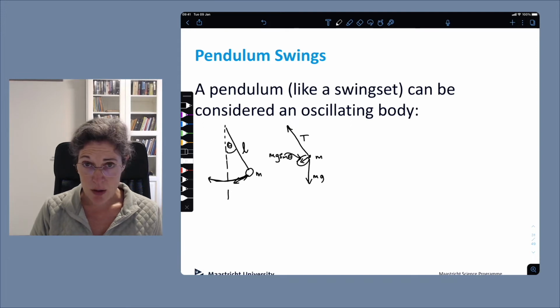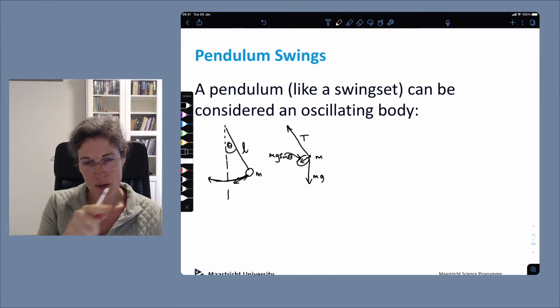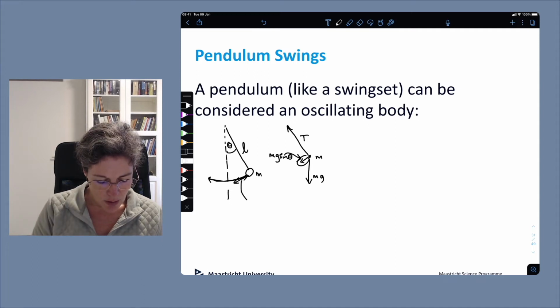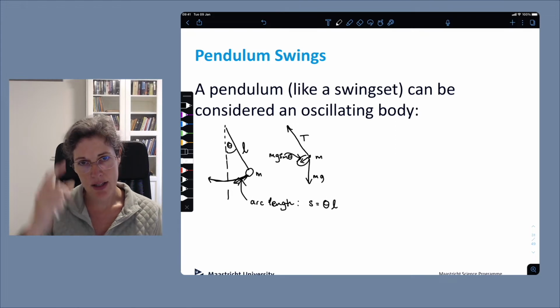So the next thing that we're going to need to know is what usually we measure in the x direction, but that's not super helpful here because we're moving in an arc. So in fact we're going to measure our distance in arc length. And our arc length is given by theta times the length of our pendulum.